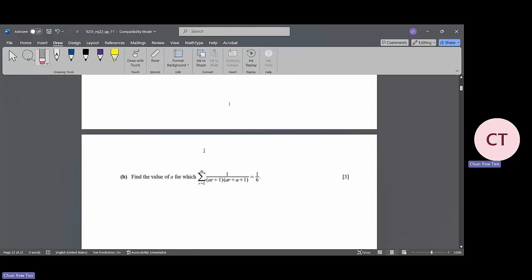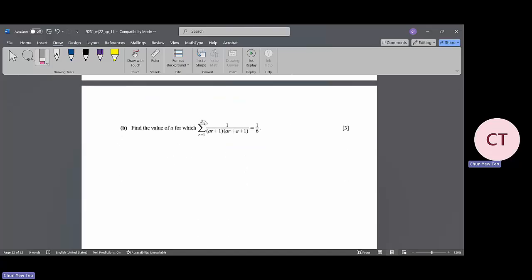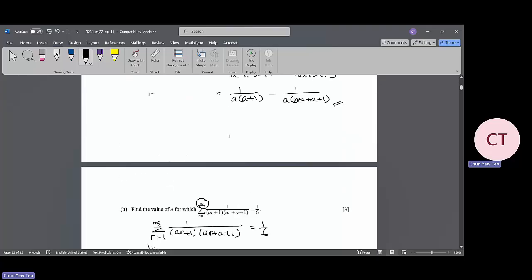Now we move to part b. If you look at the question carefully, they change the n here to become infinity. Okay, so this is given, which means that the limit of n going to infinity for the answer over here, you just copy this whole answer.